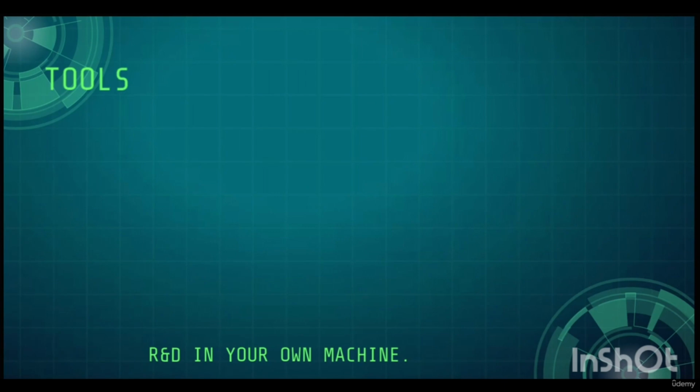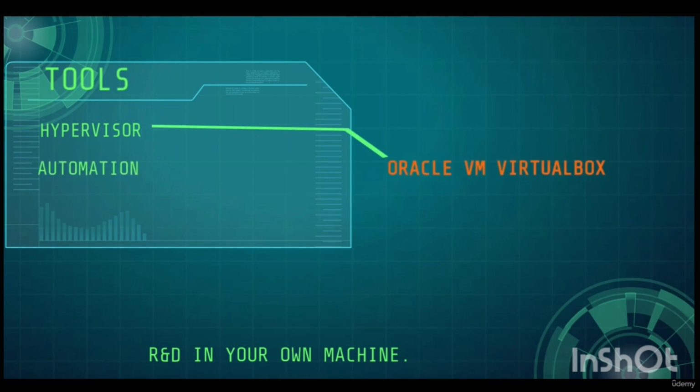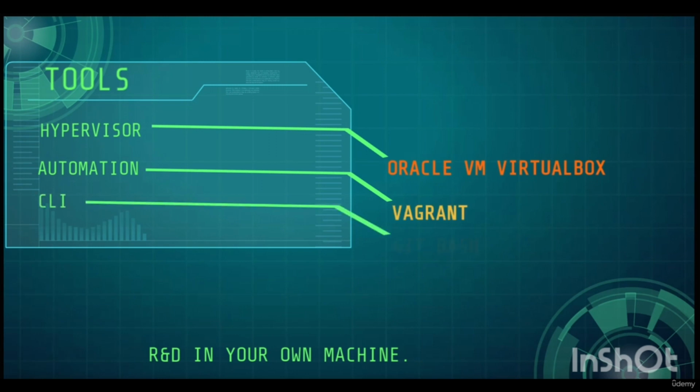Alright, now let's see what are the tools that we'll need to set up this stack. Starting with, we will need a hypervisor, Oracle VM VirtualBox we are going to use, on which we are going to set up virtual machines. Since this is going to be automated, for automation we are going to use Vagrant, and we need to execute many commands.